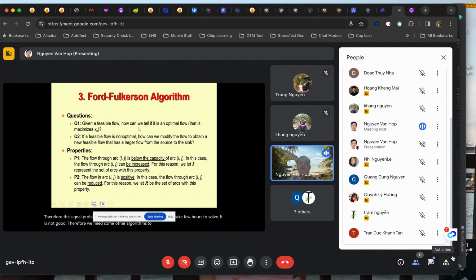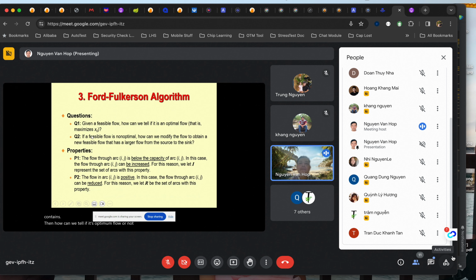The first algorithm to solve it was developed by Ford and Fulkerson a long time ago, around '78. The idea of Ford and Fulkerson at that time was to answer two main questions. If we have a feasible flow, it means that the flow satisfies the capacity constraints and the flow balance constraints, then how can we tell if it's an optimal flow or not?